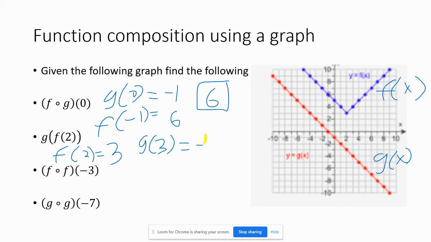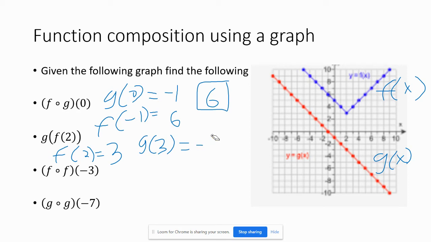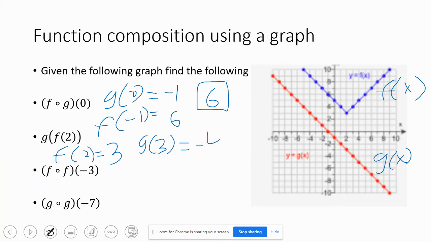So at 2, up to 3, and you go from 3 down to negative 4. Okay? How about if you want to plug into the same function twice? So you first find f of negative 3.